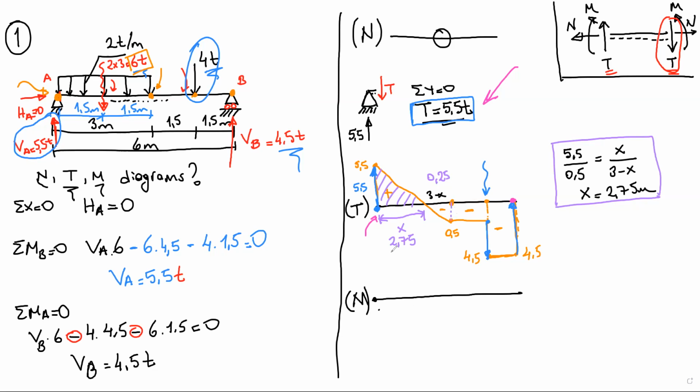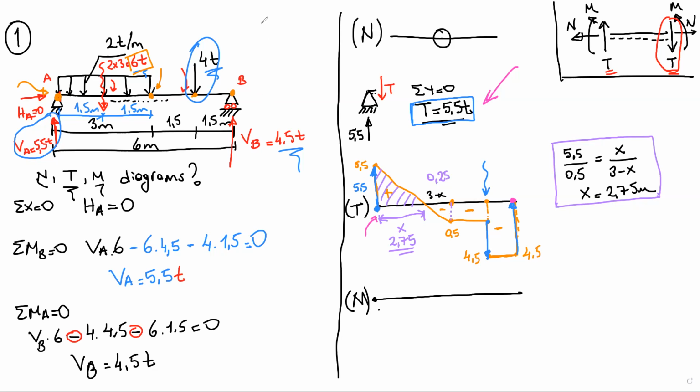Now we have dimensions to calculate the area. By the way, I must remind you of something: remember, if the shear force diagram goes through 0, at that point there will be the maximum moment value.